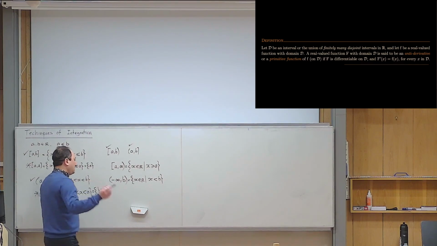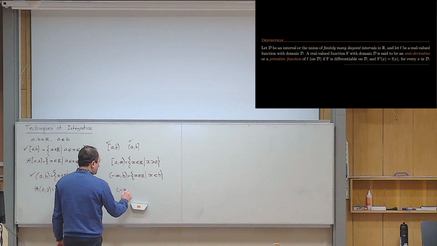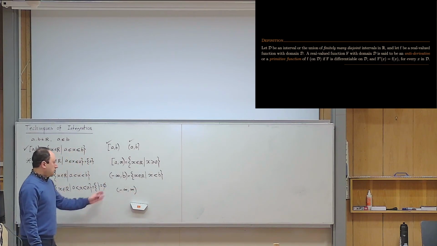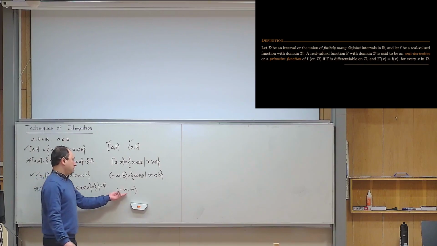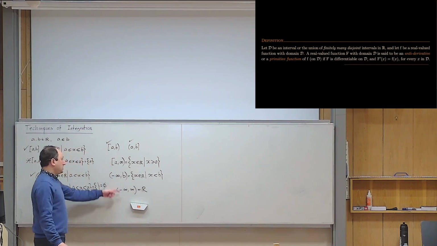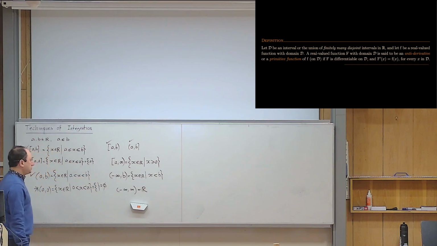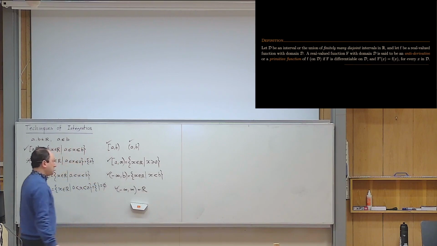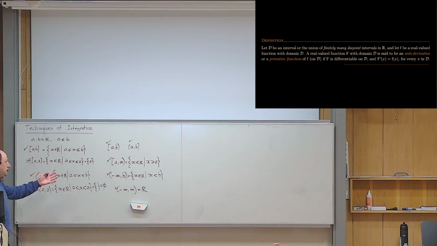And in the extreme case, I can consider an interval from minus infinity to infinity, but this is simply the set R itself. So these are cases of unbounded intervals. We will consider these also in our cases. This is the notion of interval that I want you to know.